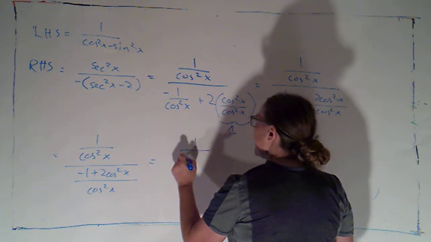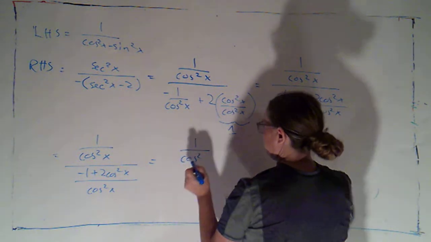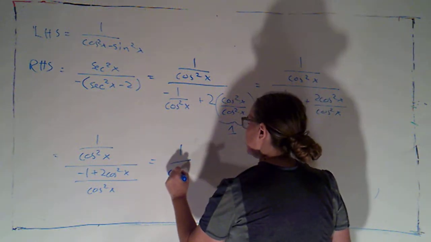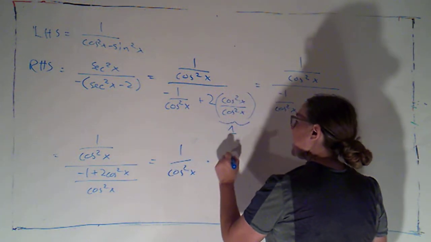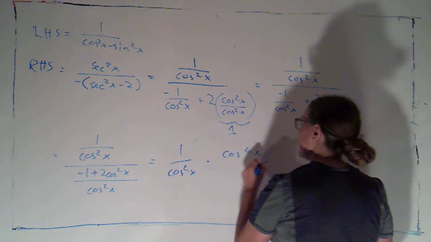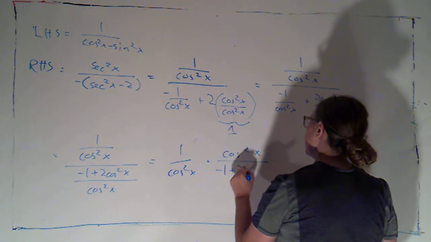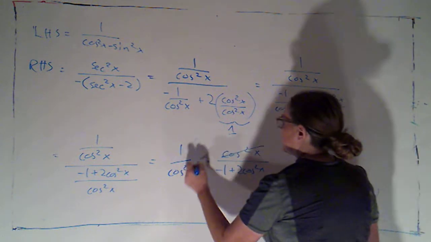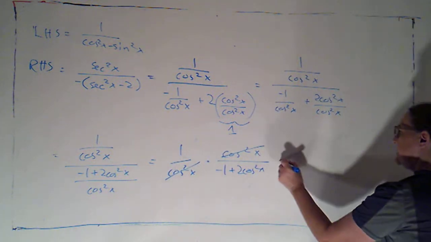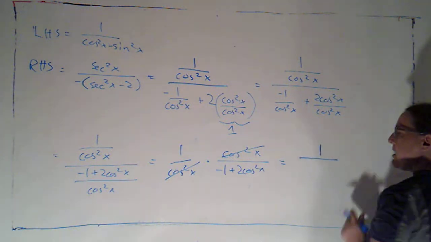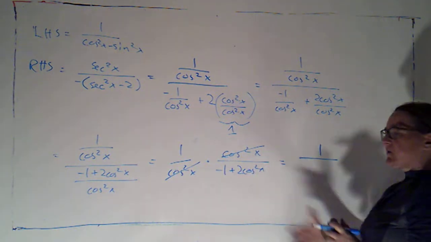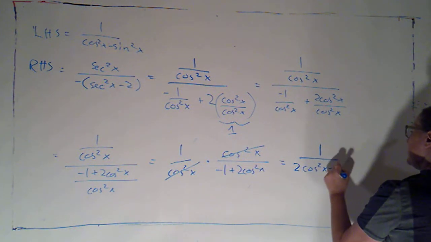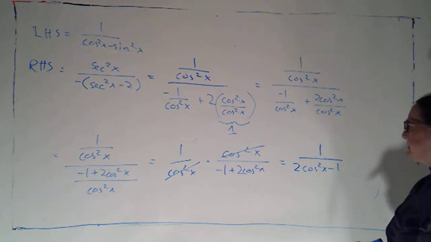So this is going to be, actually, let me give myself a little bit more space, 1 over cosine squared x times cosine squared x over negative 1 plus 2 cosine squared x. The cosine squared x will cancel, and I've got 1 over, I'm going to just rearrange this and write the positive term first, 2 cosine squared x minus 1.